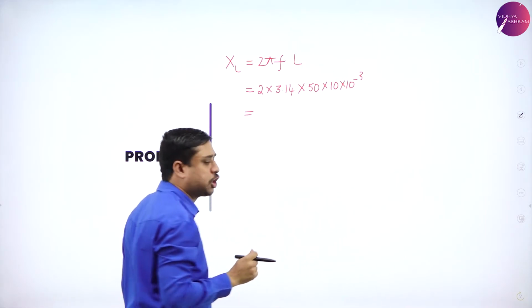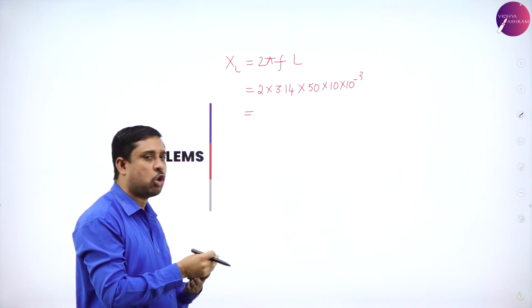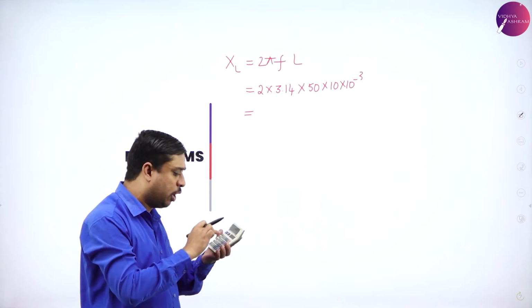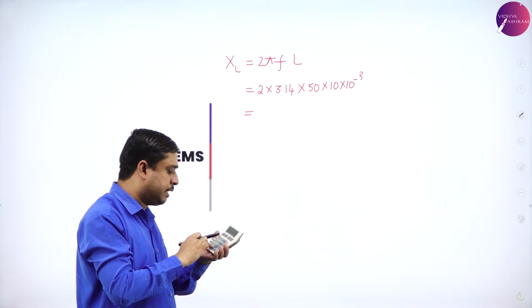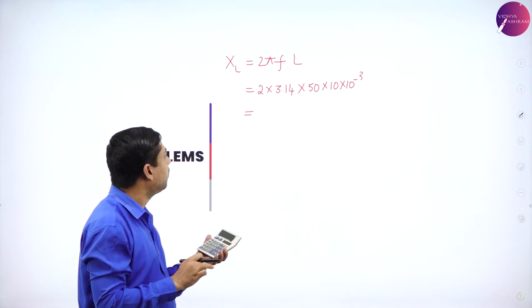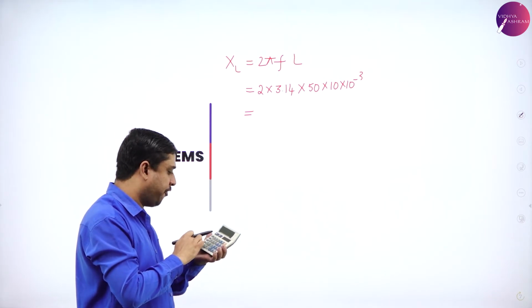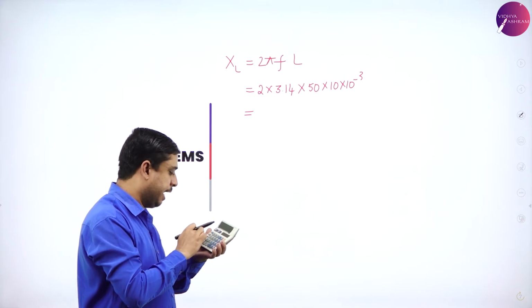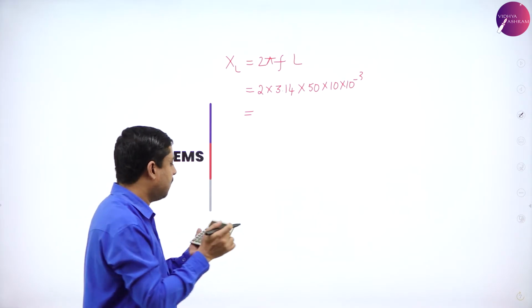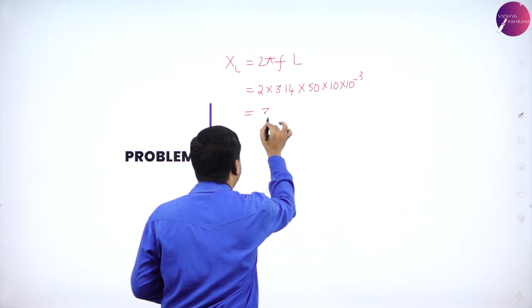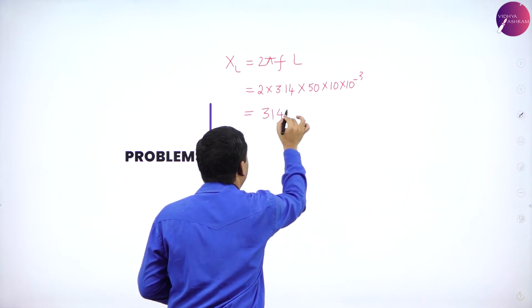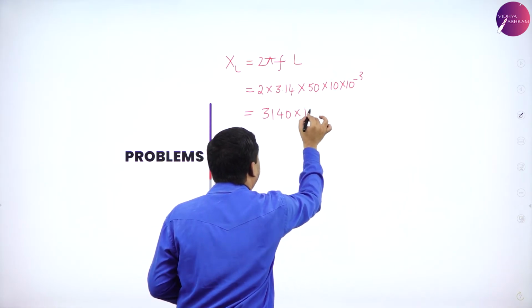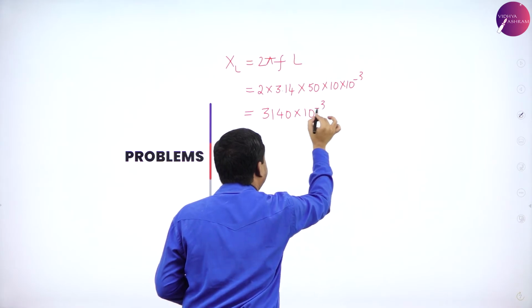So on calculation, this is 2 into 3.14 into 50 into 10, which is 3140 into 10 power minus 3.